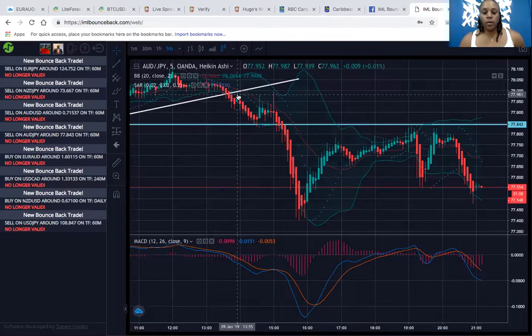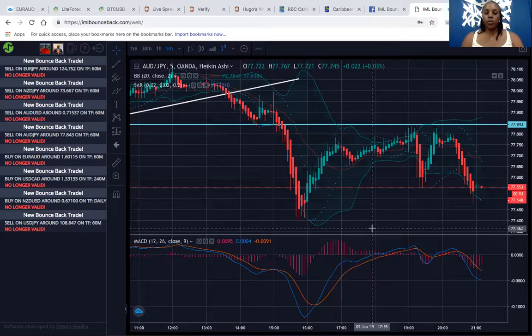You could have entered there on the 5-minute time frame. Because if you look on the 5-minute time frame, you will see that price has actually broken the zero line. It broke structure and retested. That could have been your sell entry there. And then you could have taken that trade all the way down, right? So I'm just going to add that as an additional for some of you.